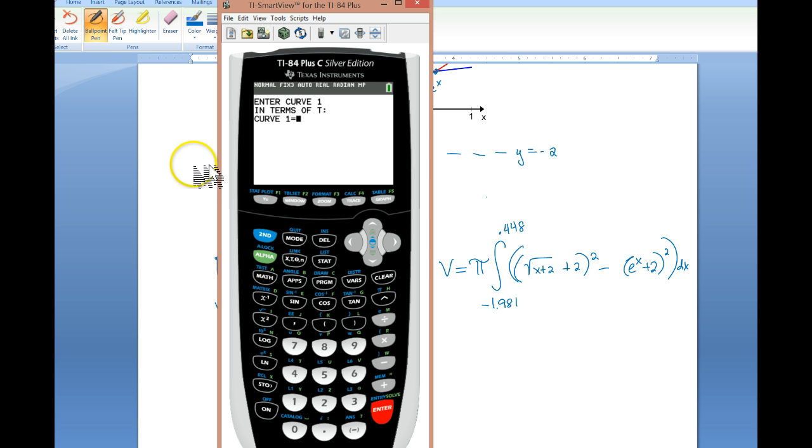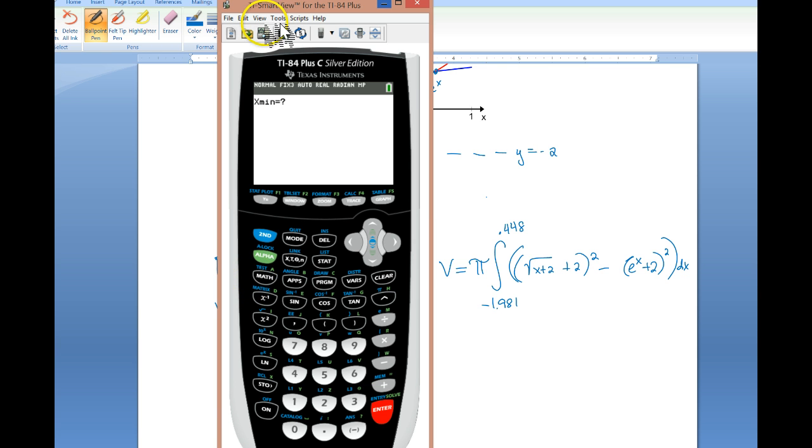What was curve 1? It was the square root of x plus 2. Now, I don't put in plus 2. You'll see how you just put in the first curve. The second curve was just e to the x. And then our x min and our x max.